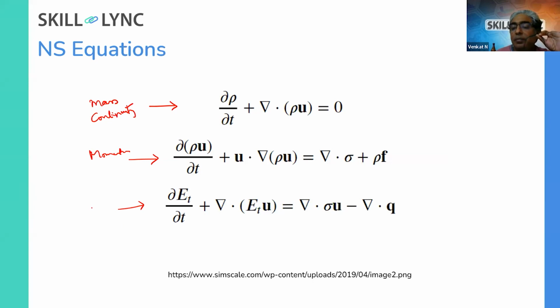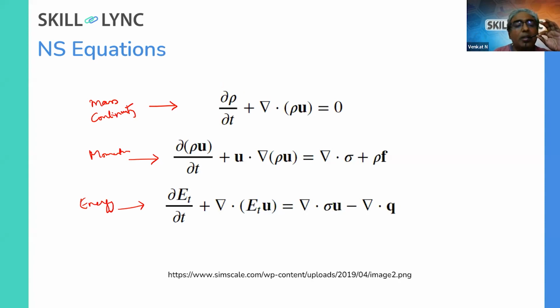And the third one, energy, where ET is the total energy. Okay. So you can see this is a vectorial form, and as some of you have pointed out, it's a differential form, right? They are like vector differential equations, you can also call them. And because of using the vectorial form, the equations look very compressed, right? Just three equations. So there is the mass continuity, this is the momentum, this is the energy.